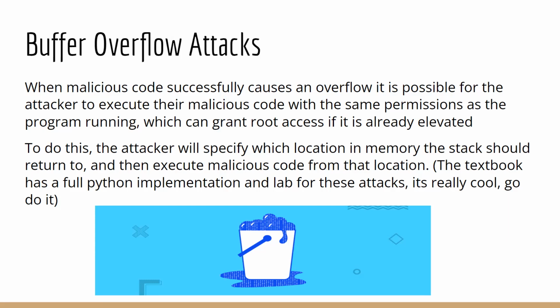An interesting way of doing this, as outlined in the textbook, was simply by redirecting where in memory the next step is going to be, and then passing it no action over and over and over again until you can get to a much larger block of malicious code to run. And it's possible to get this code in there simply by passing a file that is too large to run, or a string that's much too large for the code to execute properly.